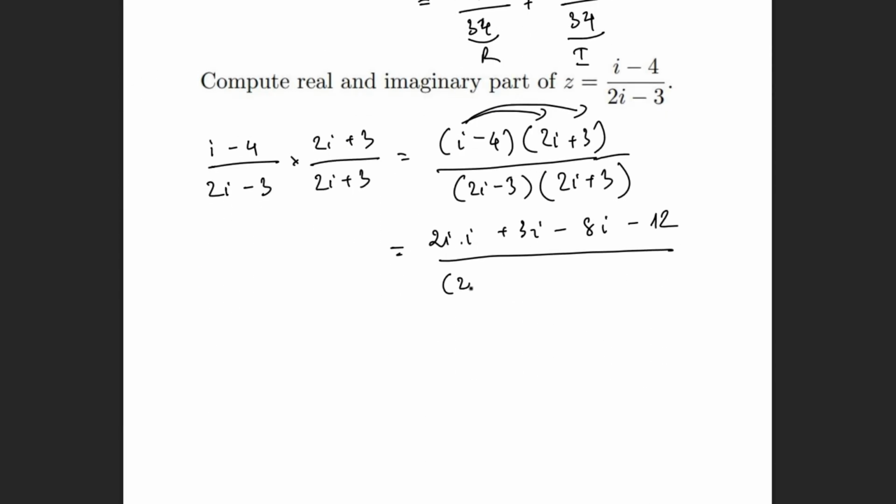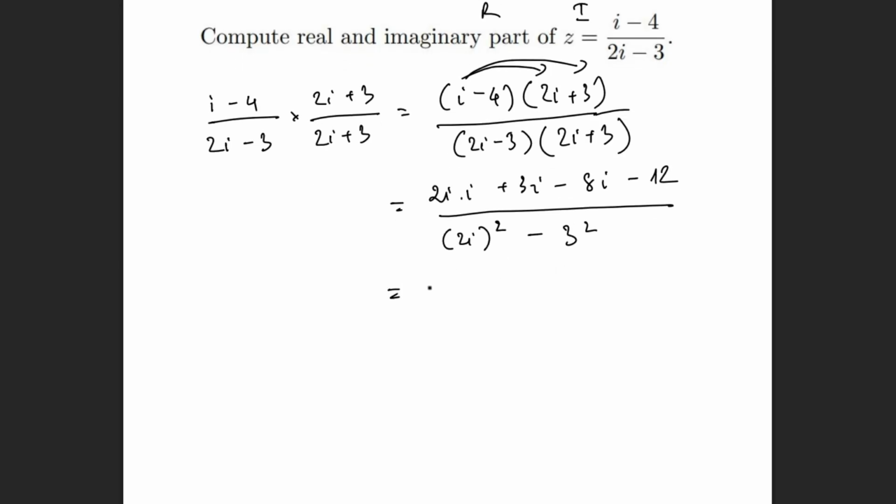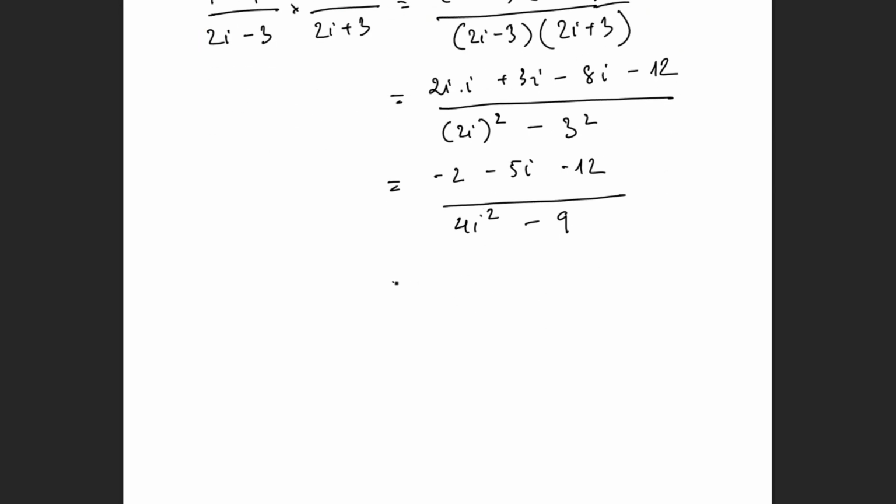So it's going to be (2i)² - 3². I times i is going to be i². We know that i² equals -1, so it's going to be -2. 3i minus 8i is -5i - 12. And this one is 4i² - 9. So it will be -14 - 5i.